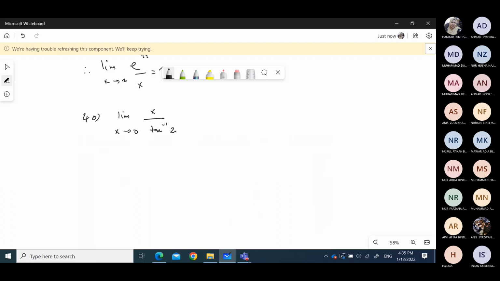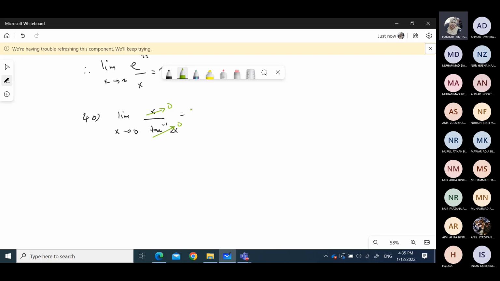For the limit as x approaches 0 of x, we have 0. For tangent inverse of 2x, x approaches 0, so 2 times 0 is 0, and in the calculator it is also 0.